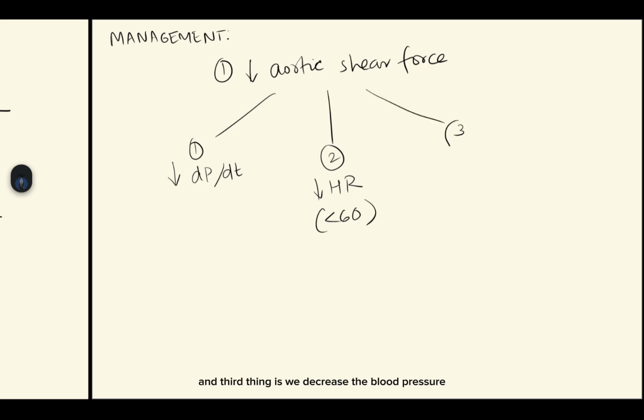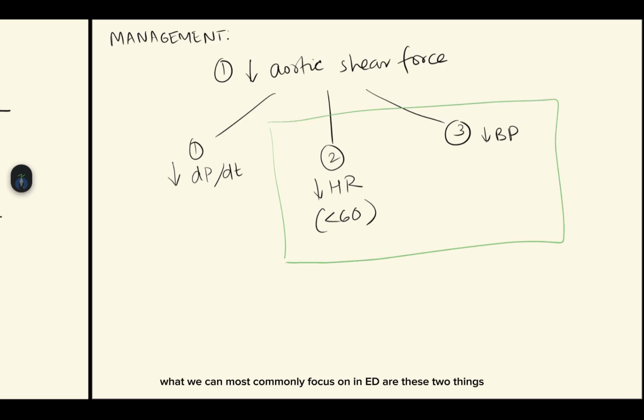And third, we decrease the blood pressure. Generally, we can keep it closer to the low to normal range. What we can most commonly focus on in the ED are these two things. If we decrease both of these, by the physiology, our delta force is going to decrease.